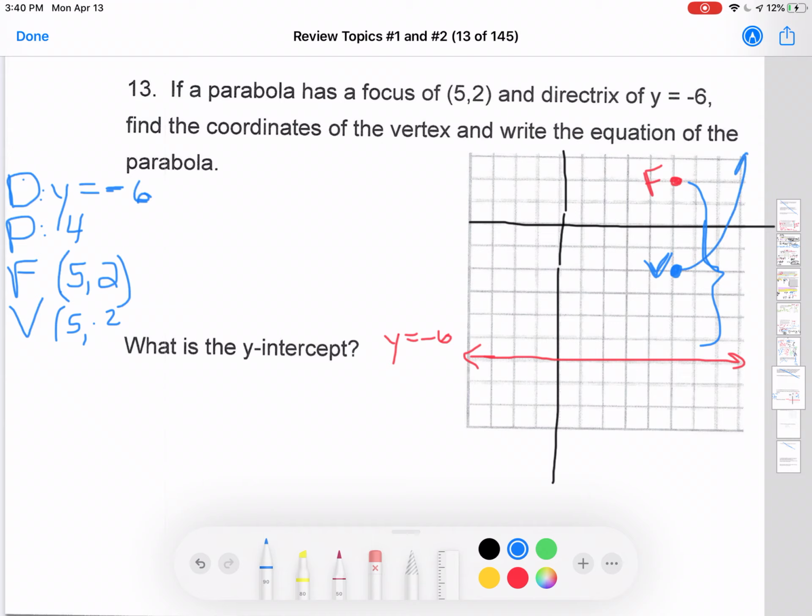And we can see that it's going to eat the food, so we know it's going to be a positive a value. And then we're going to plug in, remember the formula? Y equals 1/4 x minus h squared plus k.